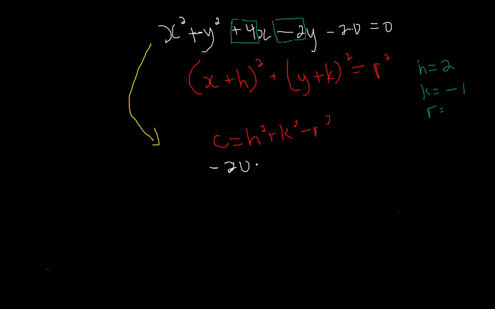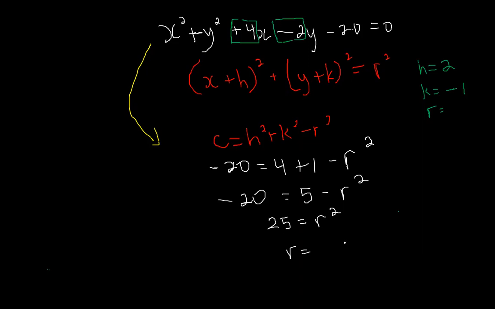So minus 20 is equal to h squared, h is 2, so 2 squared is 4, plus k squared, minus 1 squared is 1, minus r squared. Minus 20 is equal to 4 plus 1 is 5, so minus r squared. That means that r squared would be equal to 25, and r would be the square root of 25, which is 5. You understand how I got 5 for r?